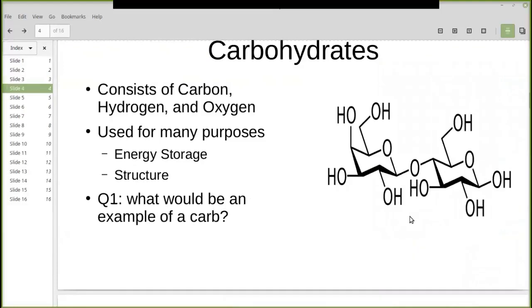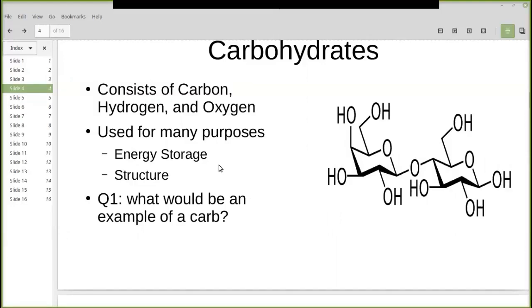So if we dive deeper into this category, the first category that we'll look into is carbohydrates. They're very simple. They consist of carbon, like all biomolecules do, at least the important ones, hydrogen, and oxygen. And you can see these structures here composed entirely of these different atoms. They're used for many different purposes. The primary use that you're most familiar with is energy storage.